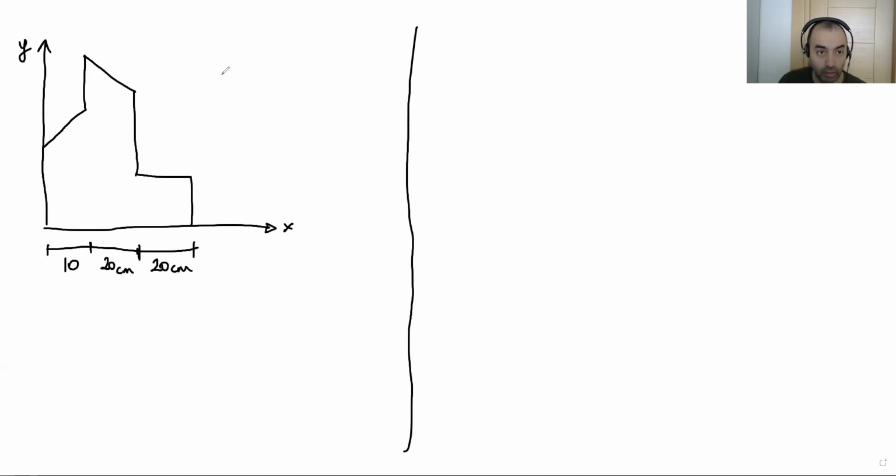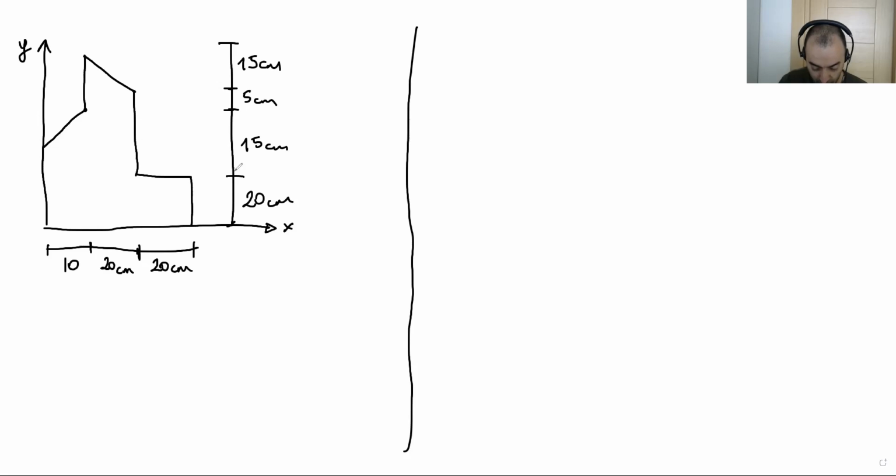And in the vertical direction, you can see here there is a level difference between this point and this point. Here you can see the differences, and here is 15 centimeter, 5 centimeter, 15, and 20 centimeter.